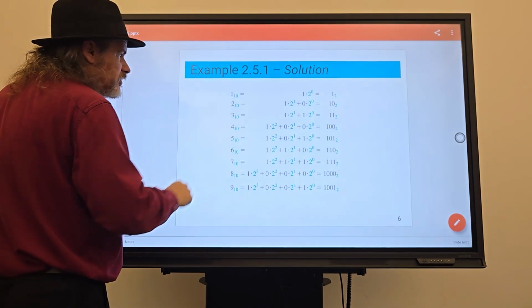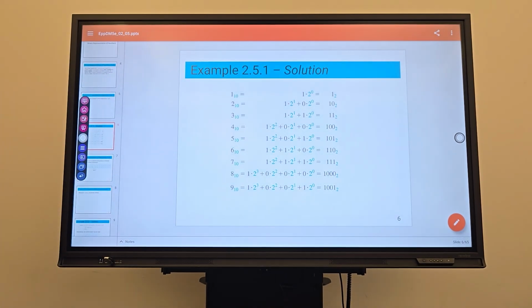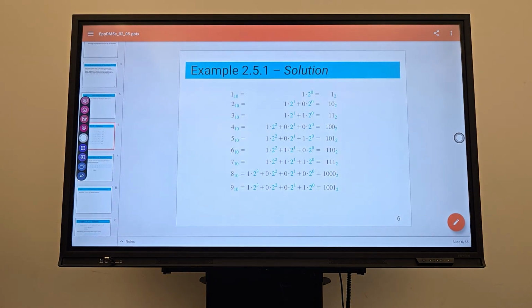And this shows you the technical way of looking at it. Each position in a number, regardless of the base, the first position is that base to the 0th power, which is the ones position.